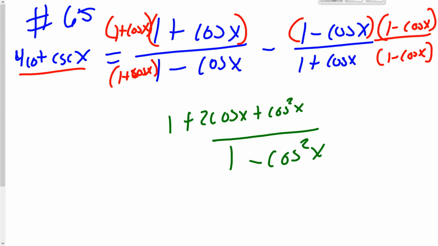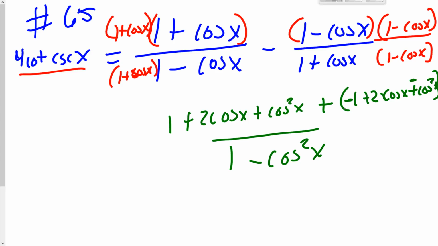And this one, I have the same thing, except it's minus, so I don't have to distribute that negative, or I could do it now, that's fine. Minus 2 cosine x plus cosine squared x. And then distribute that negative, so that's negative 1, positive, and a negative.